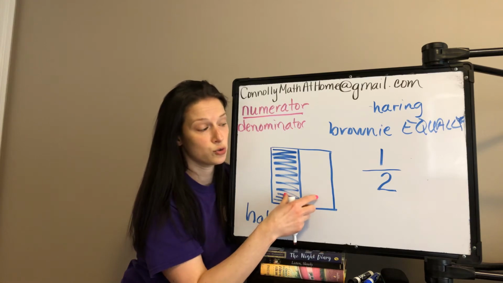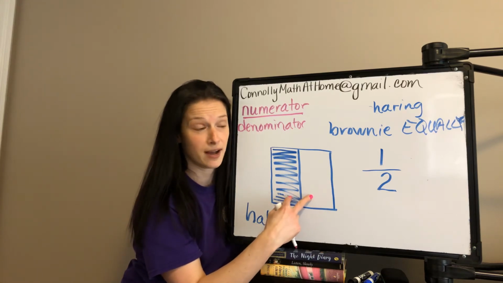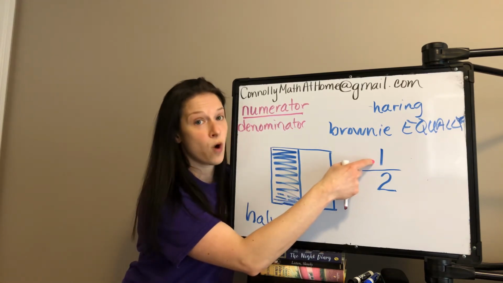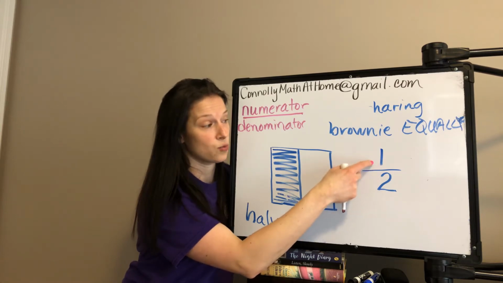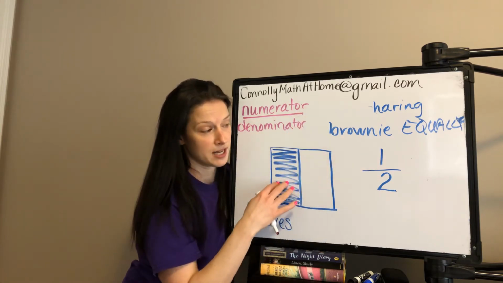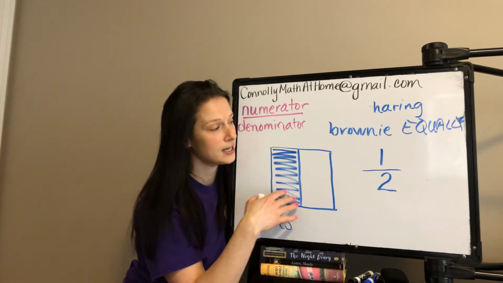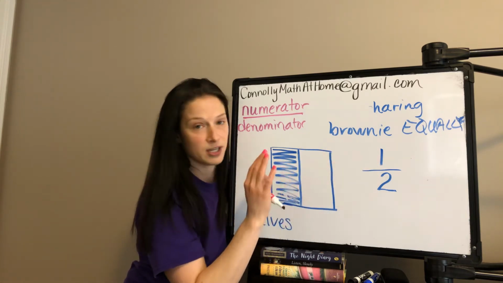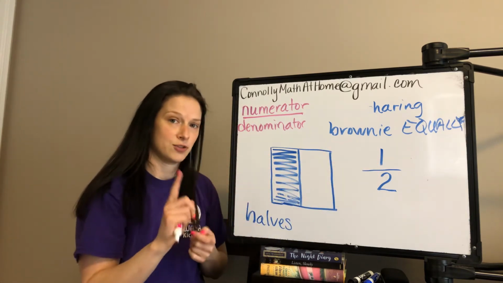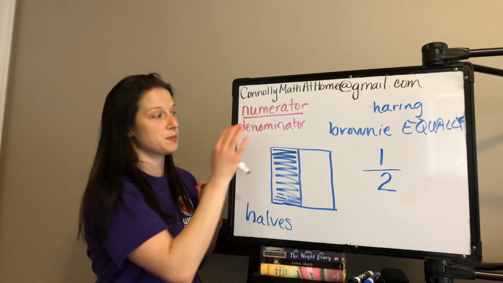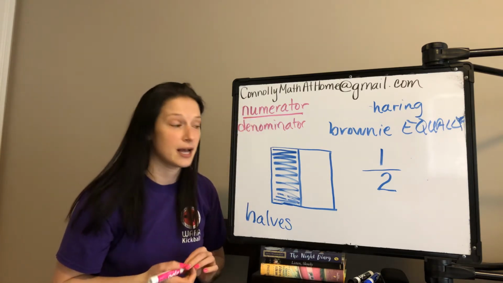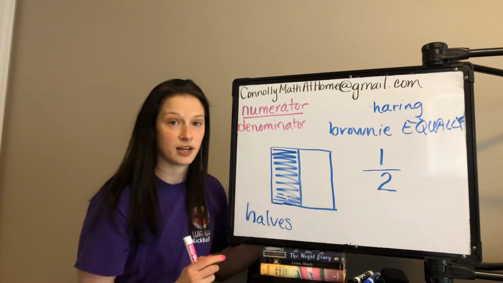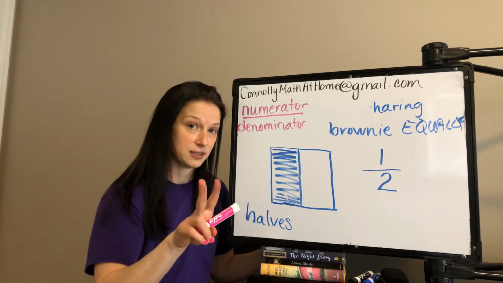We're dealing with 2 total equal pieces, 2 halves, and each person is getting 1 out of those 2 pieces, so 1 half. So numerator represents right now the portion that's shaded in, or the portion that each person gets, 1 out of 2 equal pieces. Okay, so those are some special words, numerator and denominator. Halves are what we're talking about when there's 2 equal pieces.